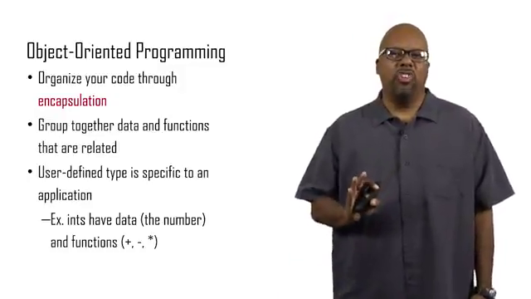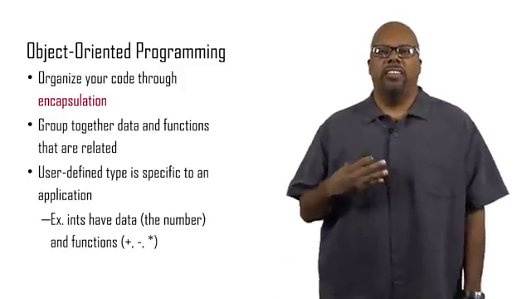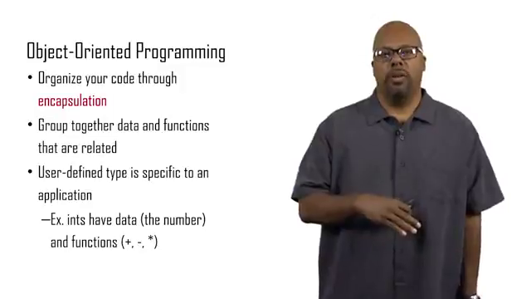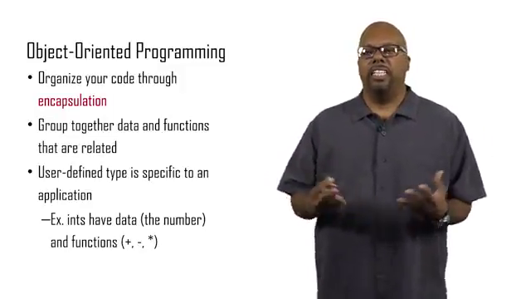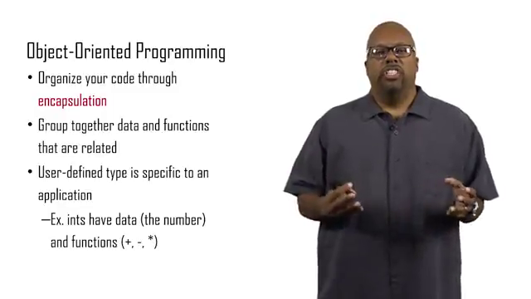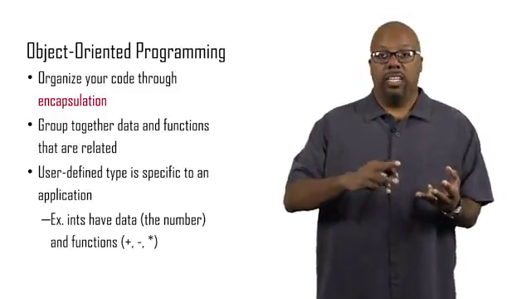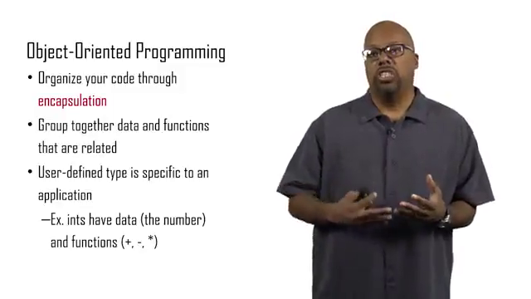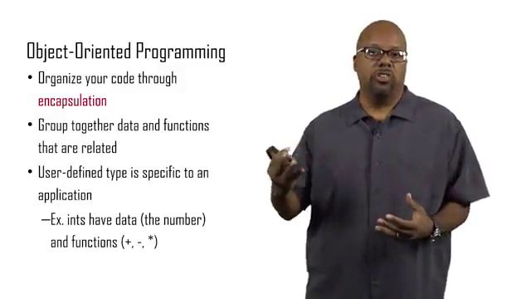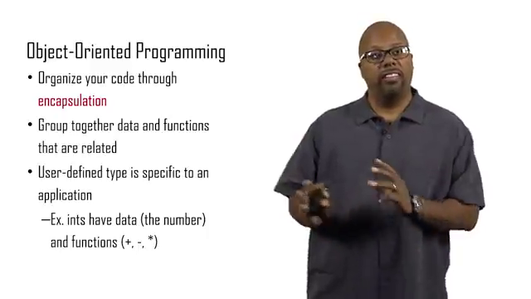So a class you can think of as a type that can be defined by the programmer, a user-defined or programmer-defined type. Think of a type like integers. Every integer has the class of integers. We'll call it the class of integers. That type has data, which is the number, the actual integer. So the integer 3 has the value 3. That's its data.